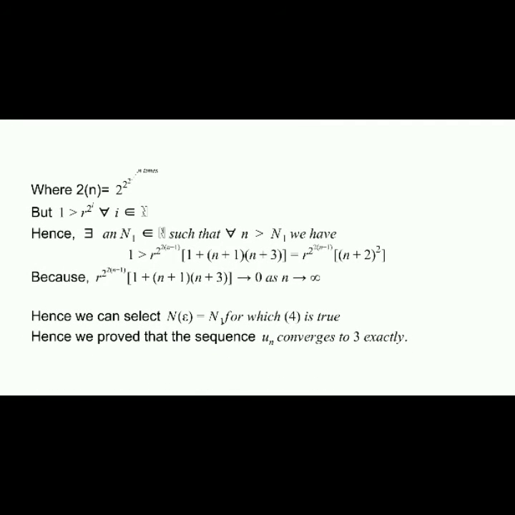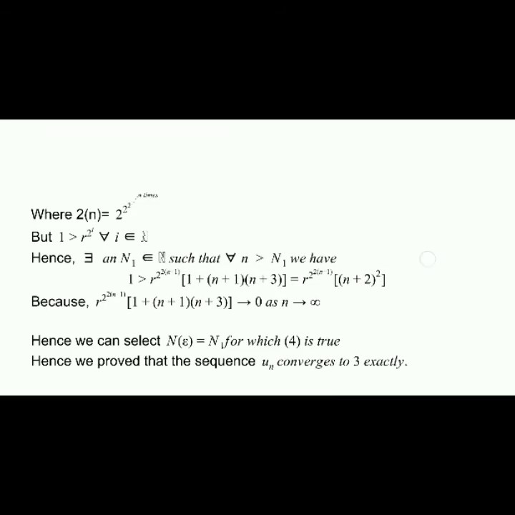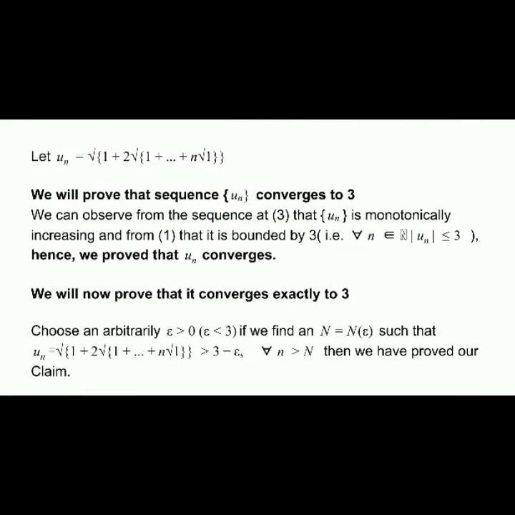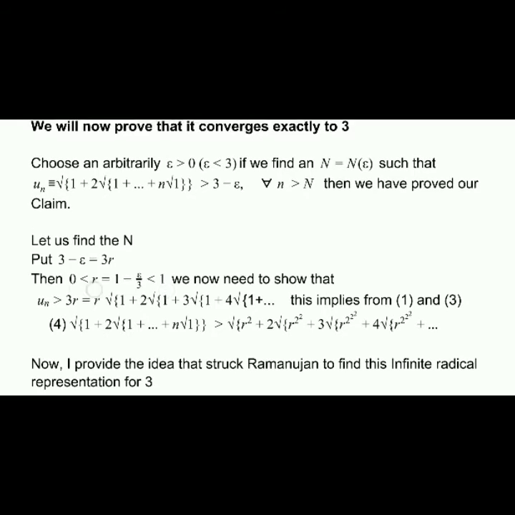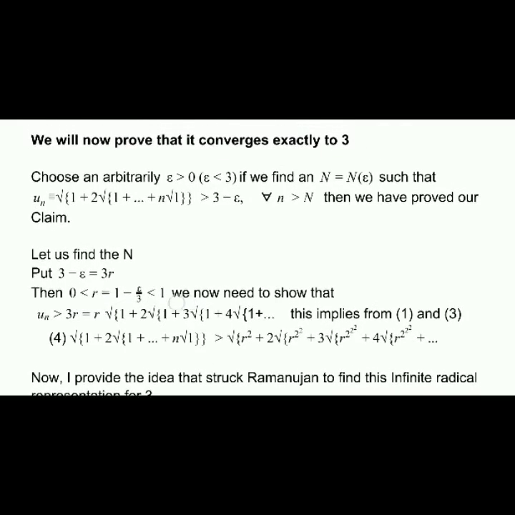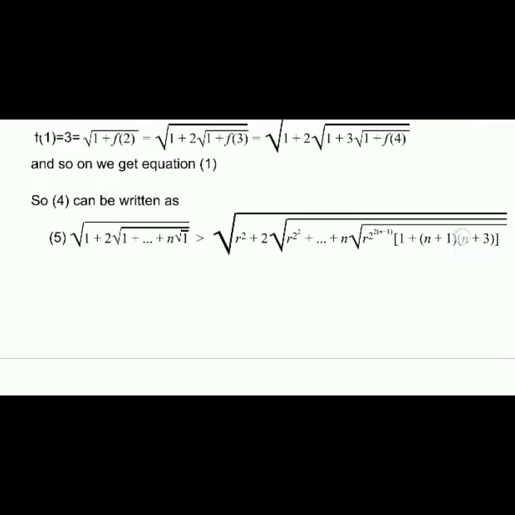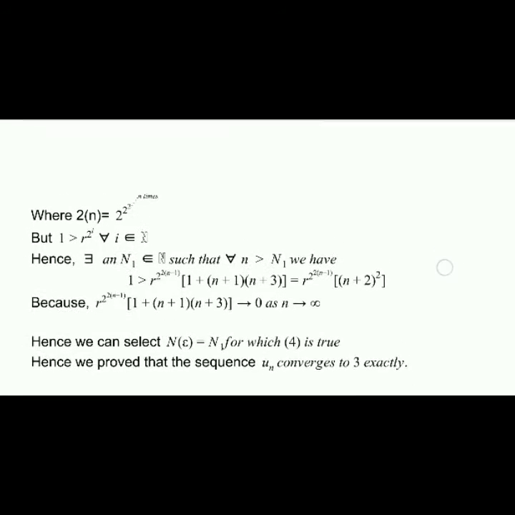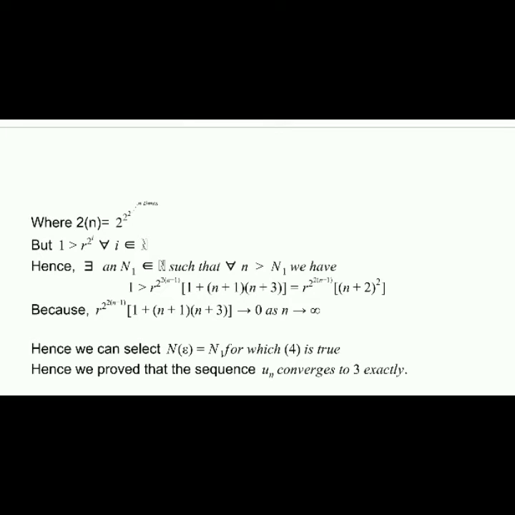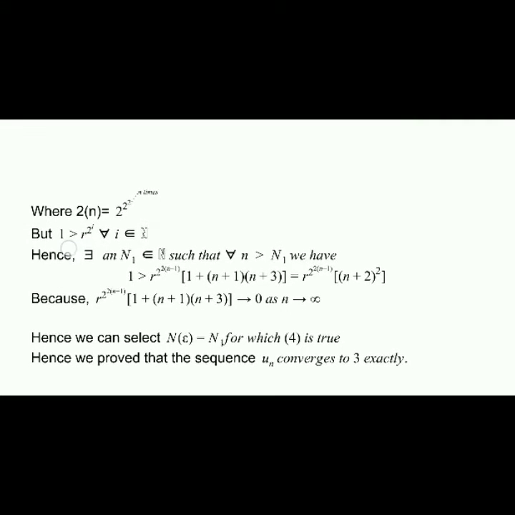Now, but we have from here that r is between 0 and 1, right? I have shown here that r is between 0 and 1. So if some number is between 0 and 1, then if I put an integer in the power of that number, that will be less than 1.